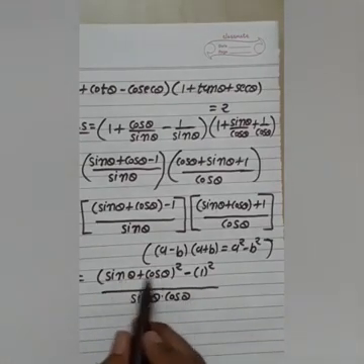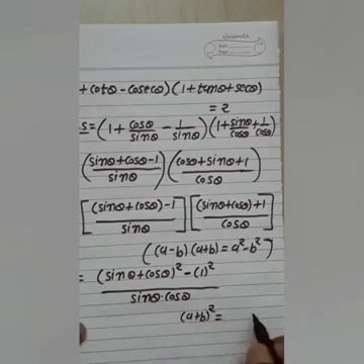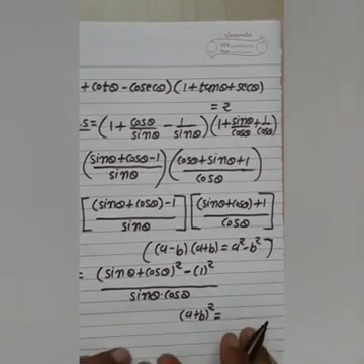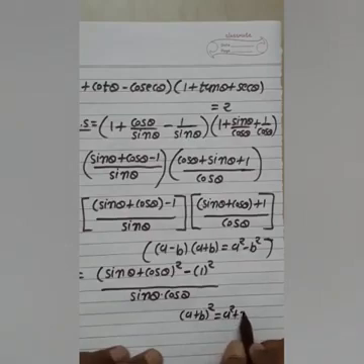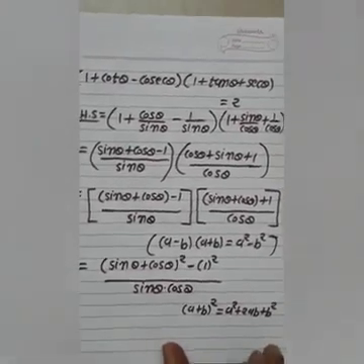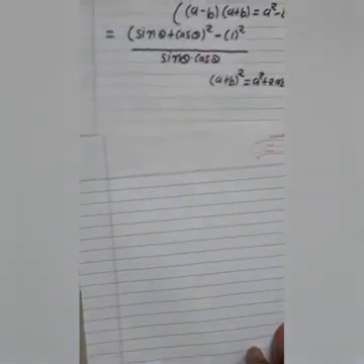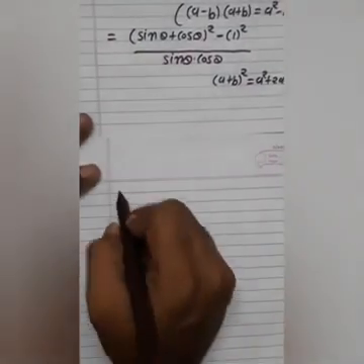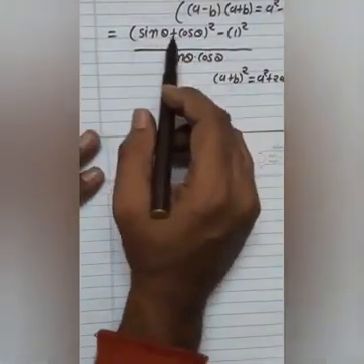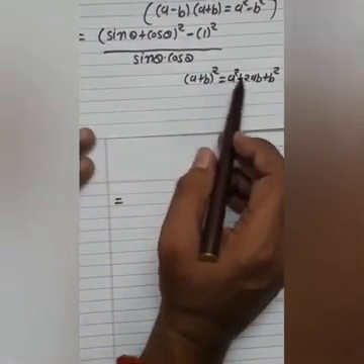Now again apply the identity a plus b whole square, that means a square plus 2ab plus b square. So here sin theta we can consider in the form of a and cos theta in the form of b.